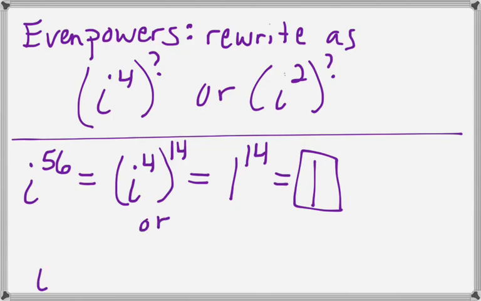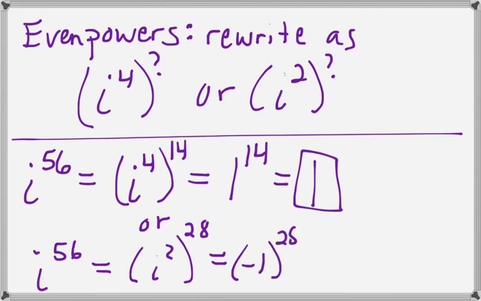Okay, like I said, you also could have rewritten it as i squared to a power. So 56 is 2 times 28. And then i squared is -1. However, if you raise a negative number to an even power, it is going to come out positive, because if you pair up those negative ones, they'll all pair up. So you'll have a bunch of positive ones. So in this case, you can do it either way.